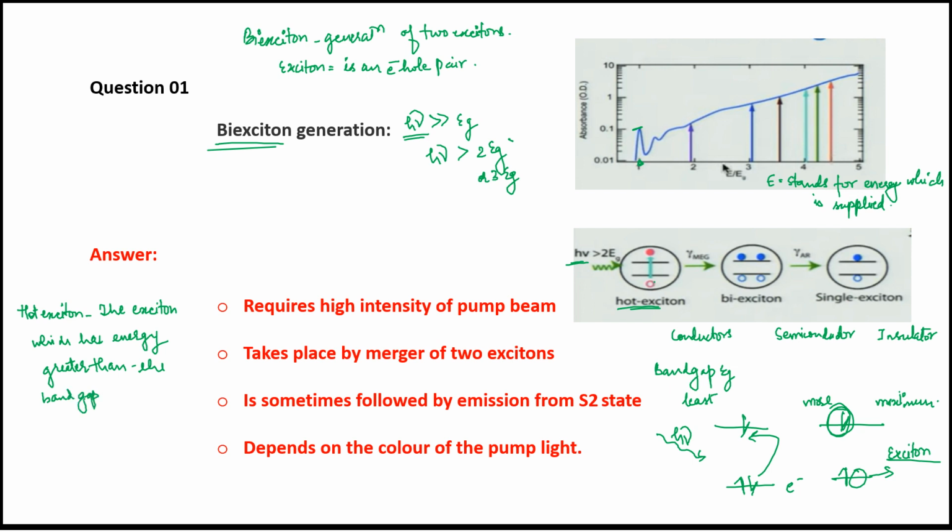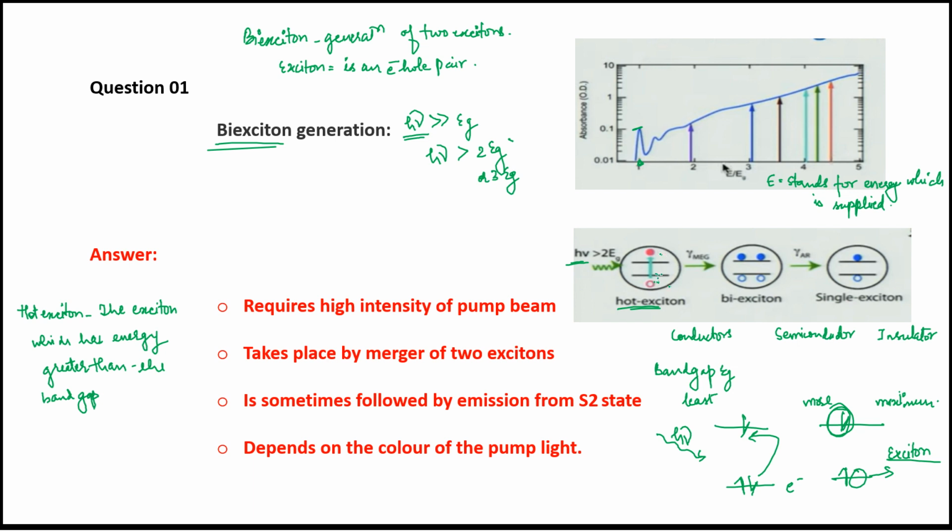Okay. Now see this phenomenon of bi-exciton generation. How does it take place? You have a system, say this one. You have incident light of energy h nu. Then an electron from the ground state reaches the first excited state, say this one.